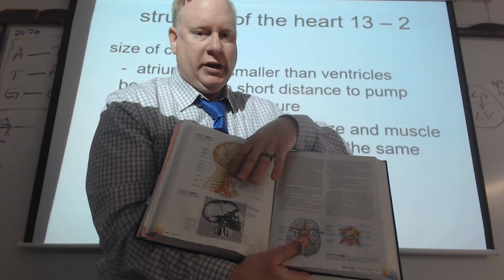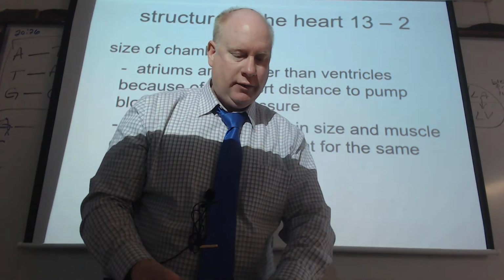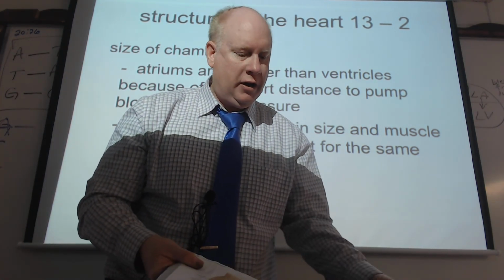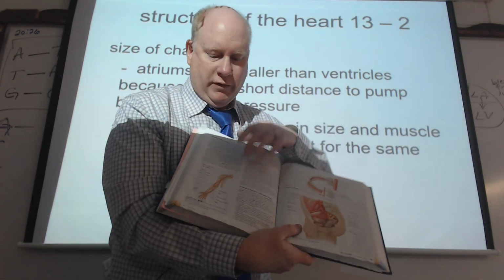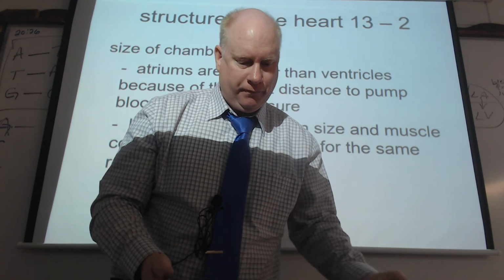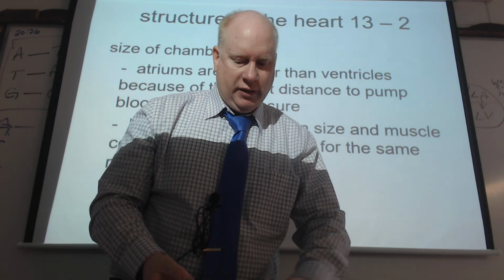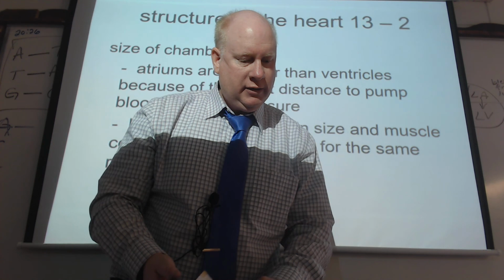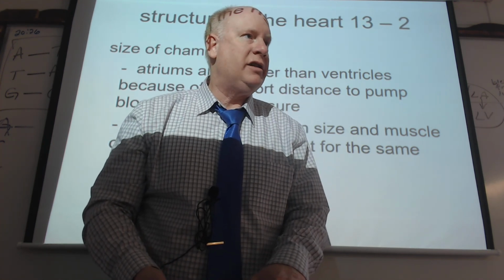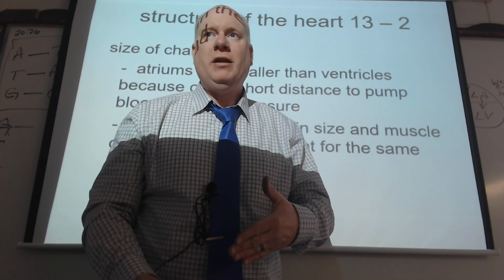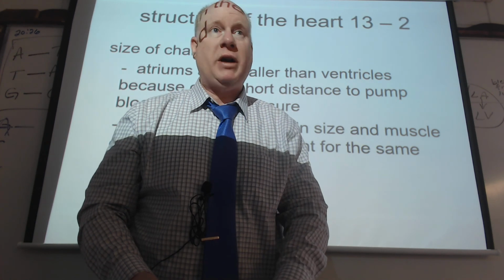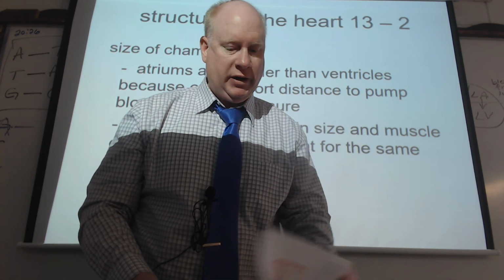That's delivering blood to the brain. That's one. And then here in the arm, we'll go over that one as well. There's some vessels that we want you to know there. And then also in the leg. And if we're talking about specific names of arteries, that's going away from the heart. There's probably corresponding ones that bring blood back to the heart. So there's corresponding veins that we'll be going over as well.